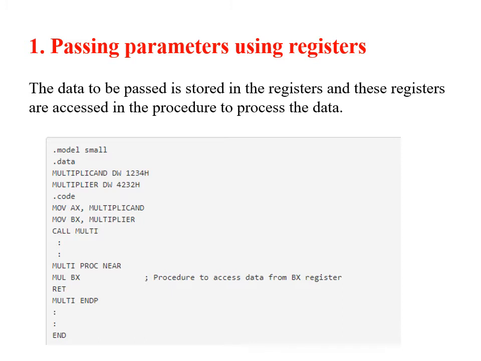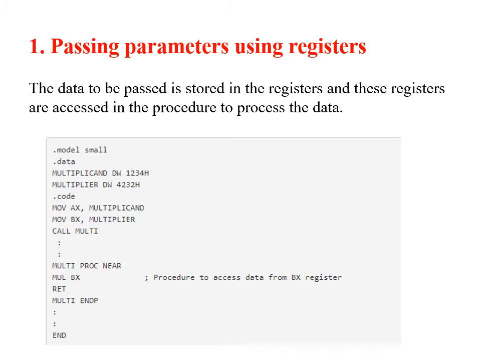A very simple technique. Here we are using two variables, multiplicand and multiplier, which are word data with values specified here, and we are going to invoke a procedure by using the call command, call multi.